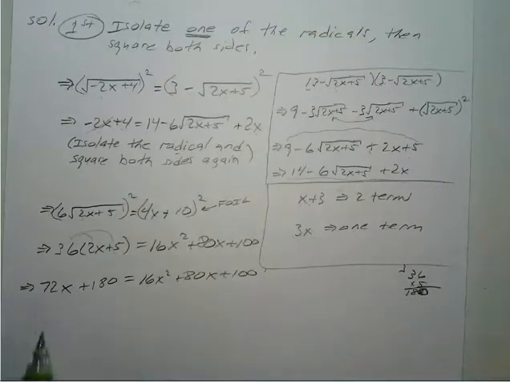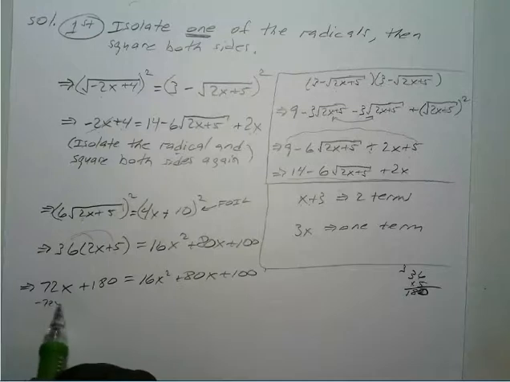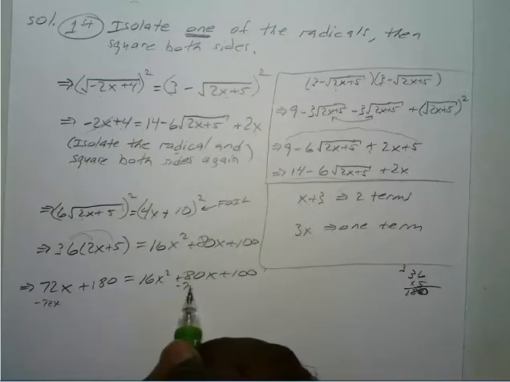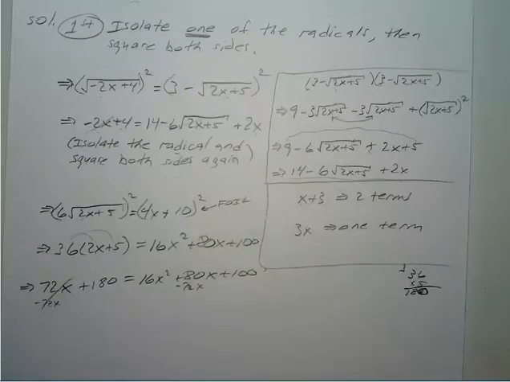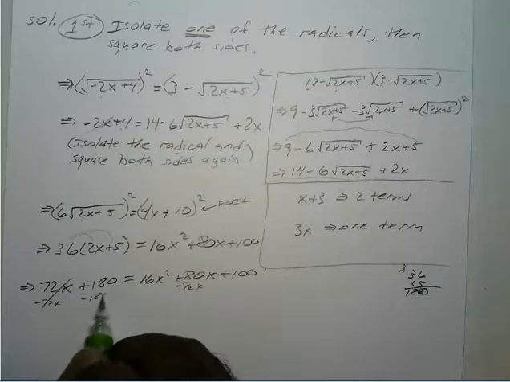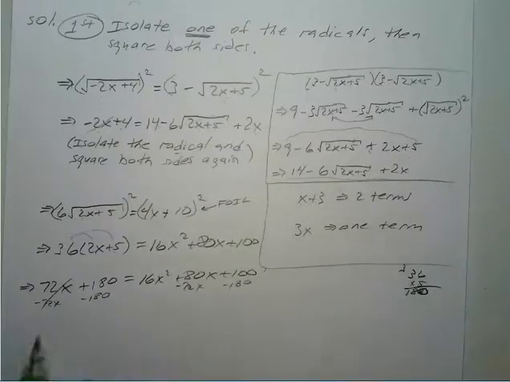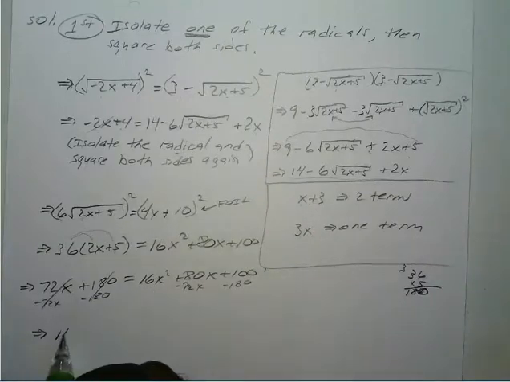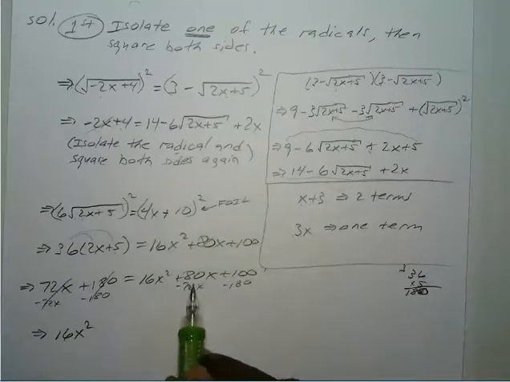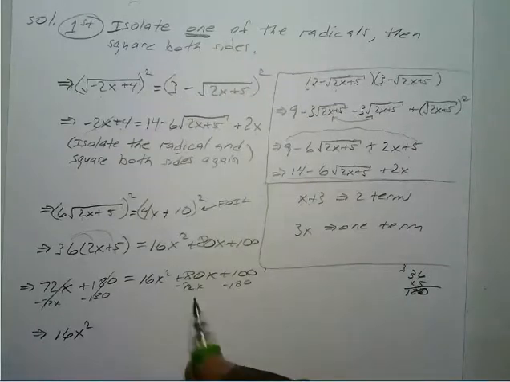Okay, so if we subtract 72x, and if we subtract 180, that will leave us with, because that cancels out, 16x squared. 80 minus 72 is plus 8.